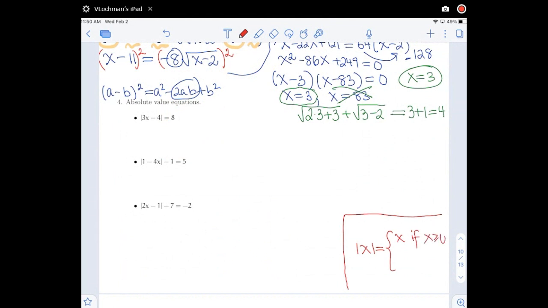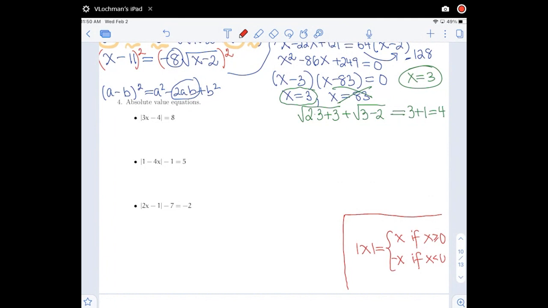Okay, so if you have a value that's 0 or positive, just drop the brackets, right? And then it's the negative or the opposite of it if it's a negative number. So negative of a negative is a positive, okay? So that's your definition of the absolute value.